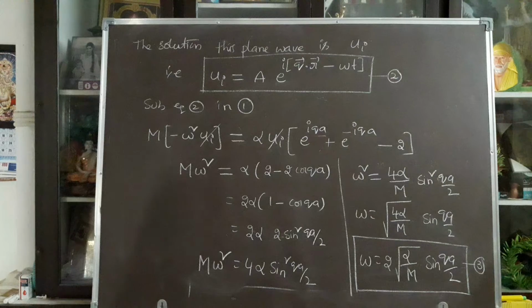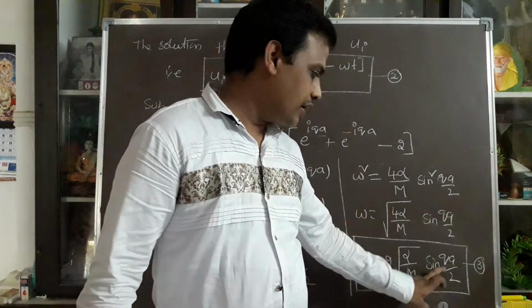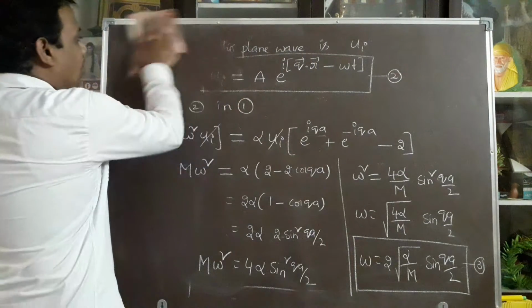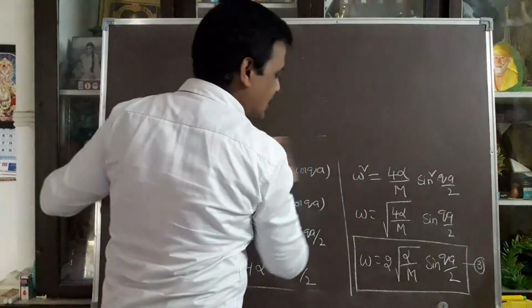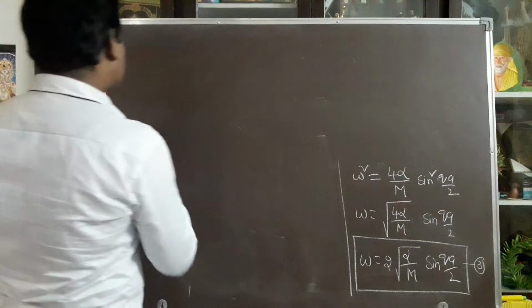So omega is equal to 2 into square root of alpha by m into sine of qa by 2. What is this omega? It is the angular frequency of the monoatomic lattice, those in the vibrational state.